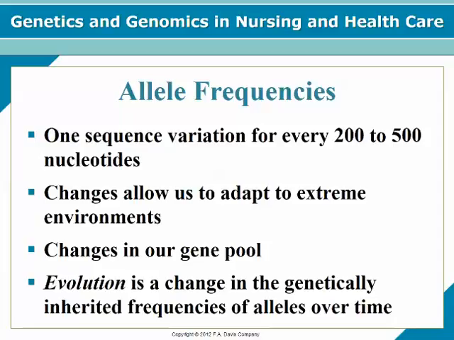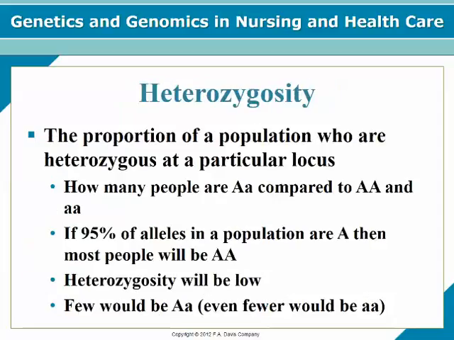Heterozygosity refers to the proportion of the population who are heterozygous at a particular locus. So how many people in that group have certain alleles and a certain genetic makeup. So if 95% of the alleles in a population are dominant, then most of the people will have the dominant trait. The heterozygosity will be low.